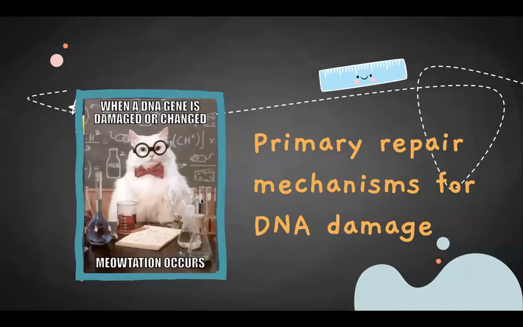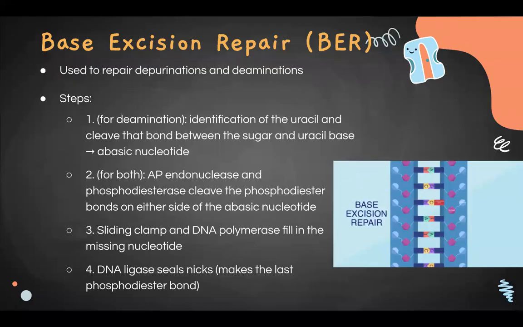And next we will move on to the primary repair mechanisms for these DNA damages. So the general gist of base excision repair, which is used to repair the depurinations and deaminations we just talked about. It varies for both of them, but they have a different first step, and then they converge in how they work.